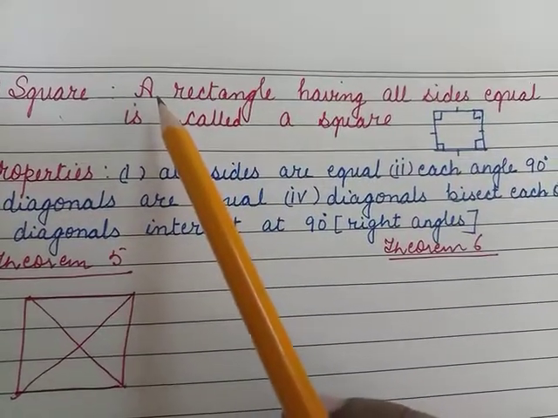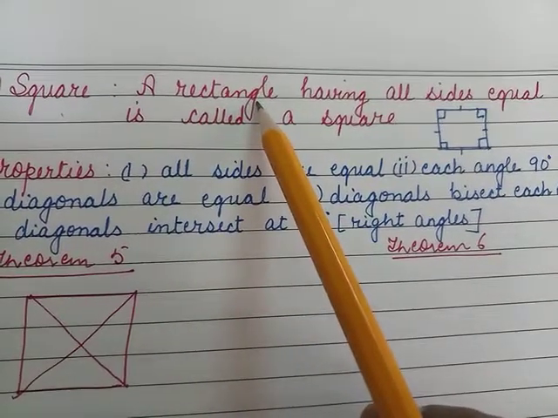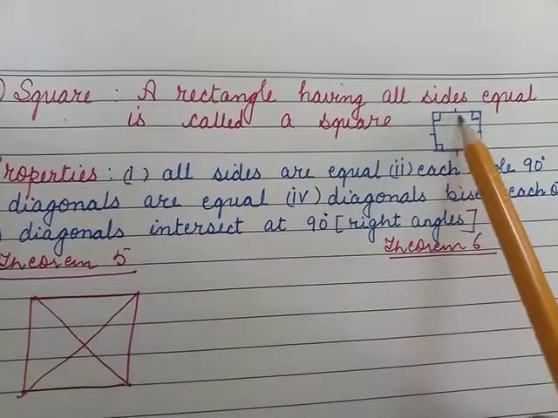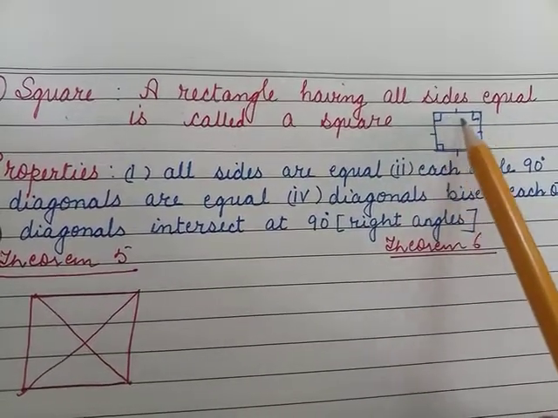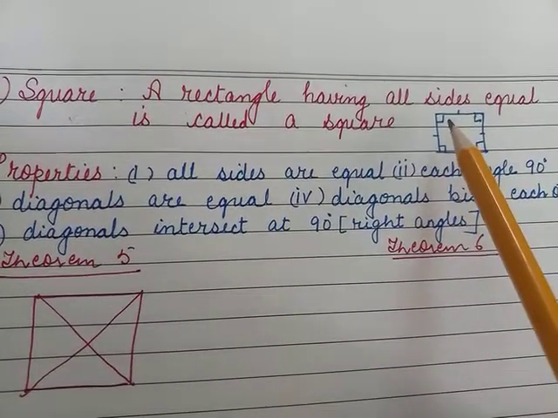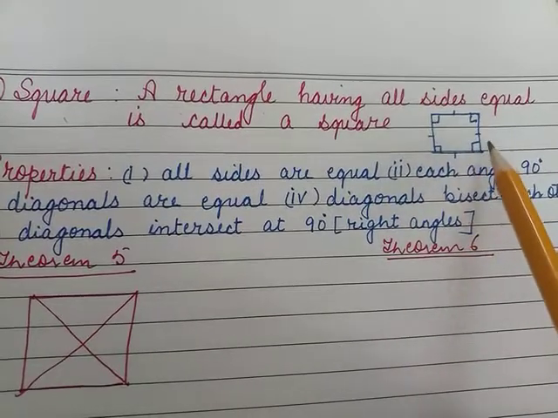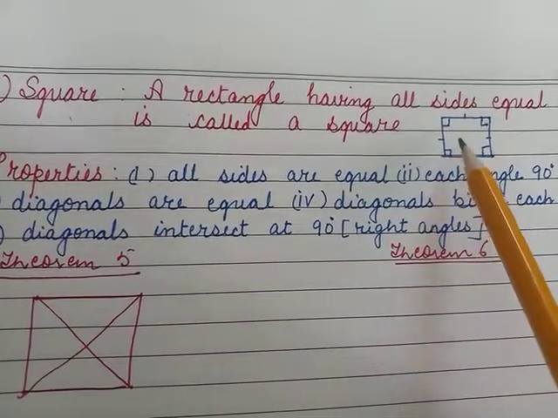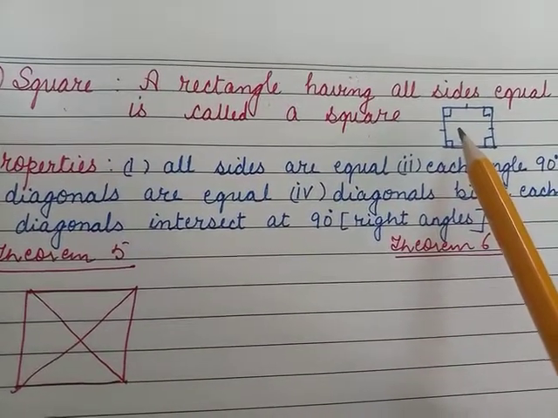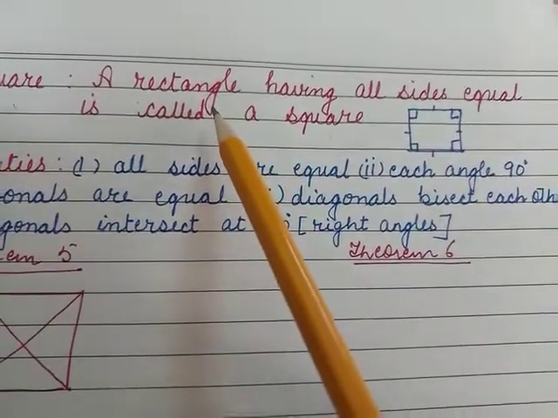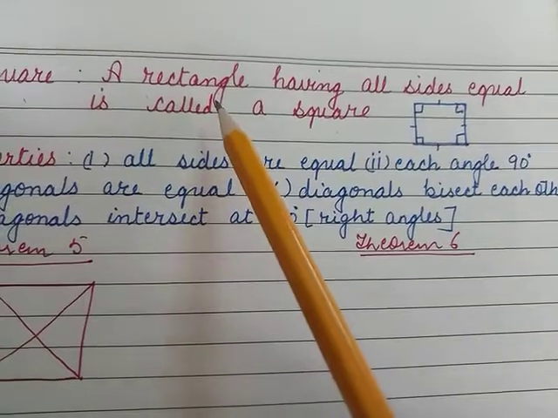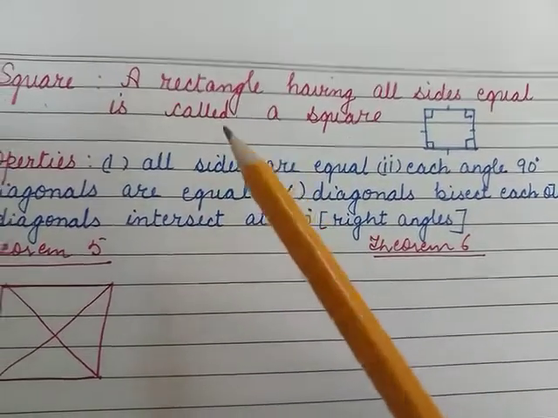So what is the difference between a rectangle and a square? In a rectangle opposite sides are equal, but in a square all the sides are equal. In a rectangle each angle measures 90. Similarly in a square also each angle measures 90 degrees. So what is a square? A square is a special type of rectangle whose all the sides are equal.